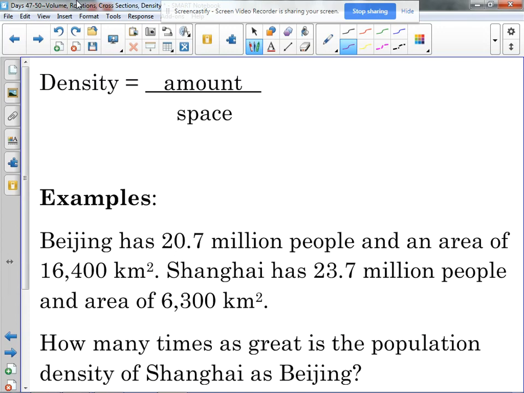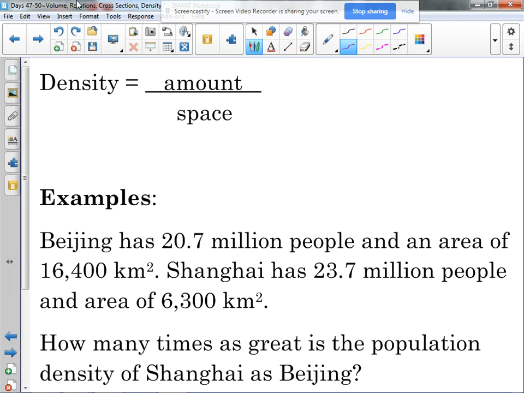Over space, how much space does it take up? Well, that's the definition of volume. Volume is how much space is taken up by this object. We're just applying it in a more general term here. So we can be talking about people, animals, anything when we're talking about this kind of density.